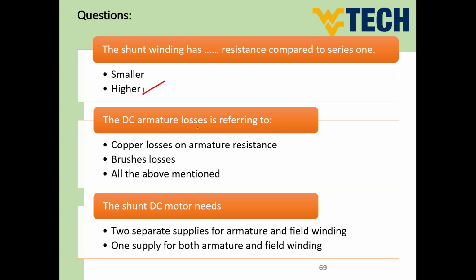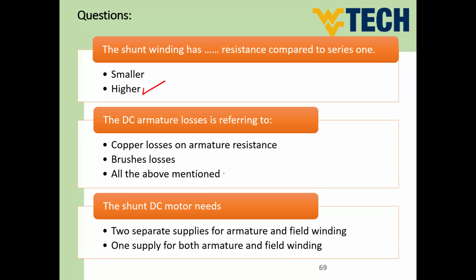The DC armature losses is referring to: copper losses on the armature resistance, brushes losses, all the above mentioned. Actually, the armature loss is referring to the summation of both losses.